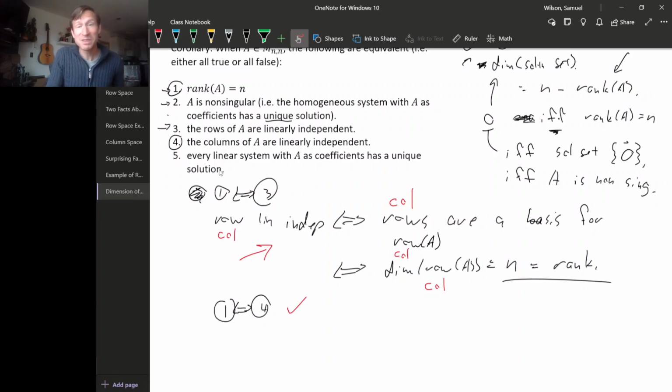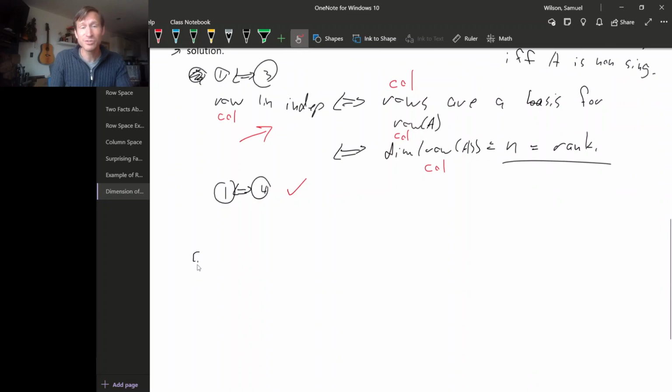All right. Now maybe a more surprising thing is that the rank is n if and only if every system with A as coefficients has a unique solution. Now this is saying a totally different thing than number 2, because number 2 is talking only about homogeneous systems. So to show that 5 is equivalent to all of these, I'm going to show that 5 is equivalent to 2.